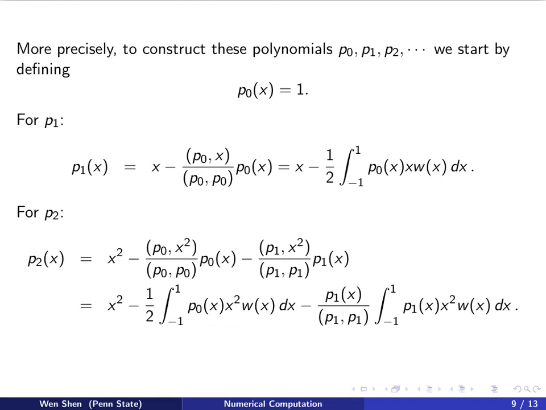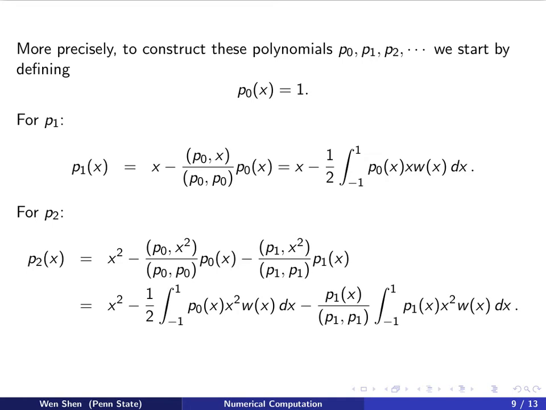So the procedure would be starting with the function x squared, which cannot be represented by P0 or P1, and then take away from it the function x squared projected down to P0, which is here, and also the part of function x squared projected down to P1 here. After one removes those two parts, what remains will be a function that's orthogonal to both P0 and P1.